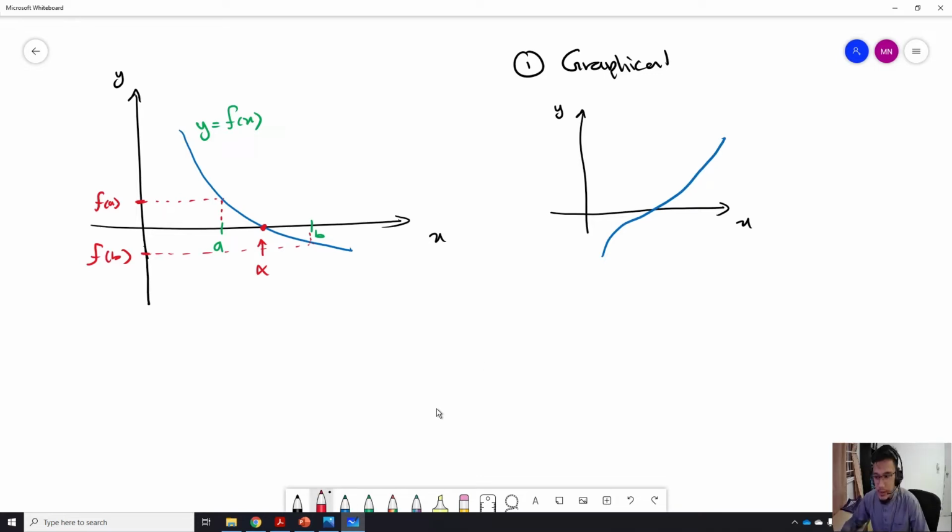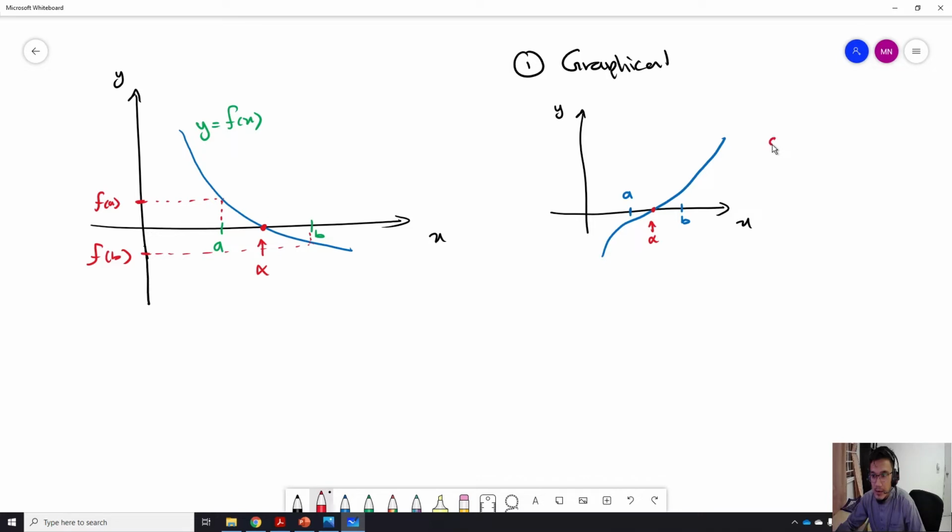From here we can see that the graph crosses the x-axis at a point we call alpha, and we need to observe the graph and choose the nearest integer on the right and left of alpha. So it will be labeled as a and b.